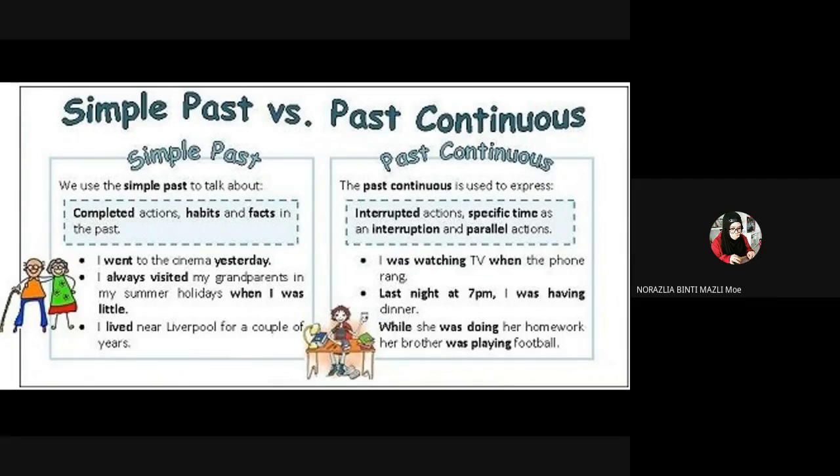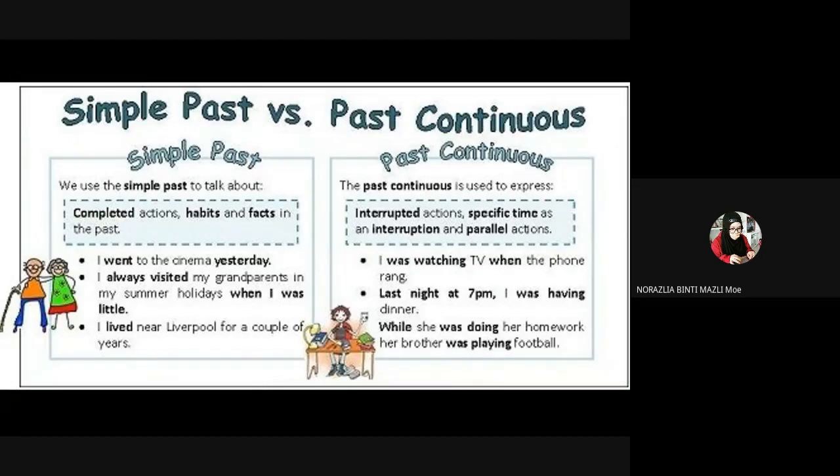I always visited my grandparents in my summer holidays when I was little. Maksudnya sekarang ni dia dah besar, dia tak melawat dah grandparents dia. Okay. Apa punya cucu. Okay, now last one. I lived near Liverpool for a couple of years. Maksudnya for a couple of years when I was younger lah. Okay, I lived near Liverpool. Now no longer staying there. I stay somewhere else. Okay, macam tu.